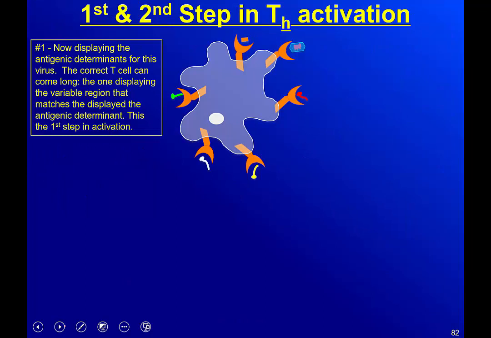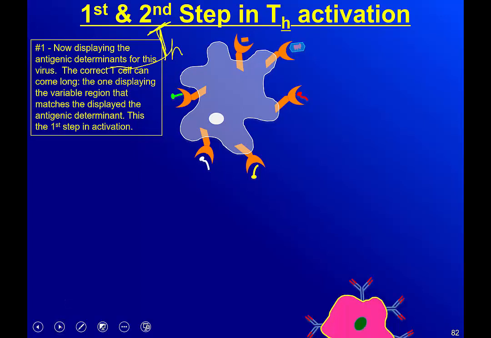So I'm displaying the antigenic determinant for the virus. The correct helper T cell, T sub H, can come along, the one displaying the variable region that matches the displayed antigenic determinant.